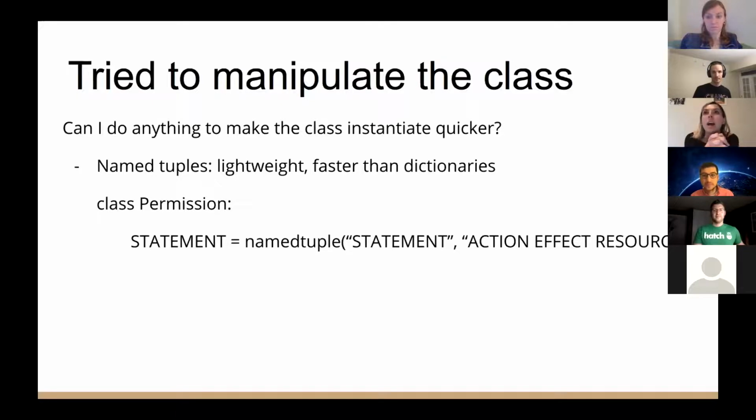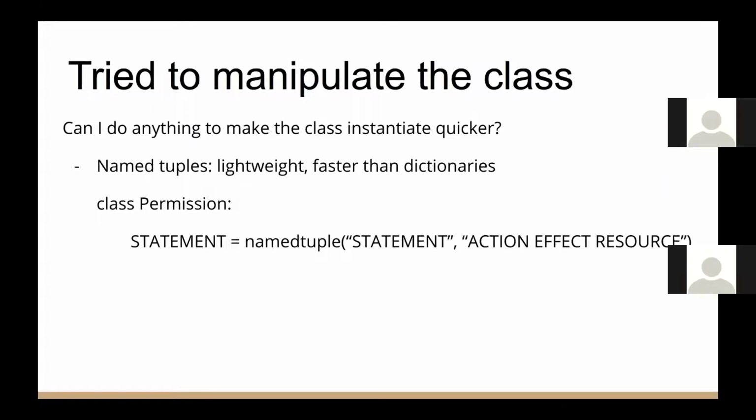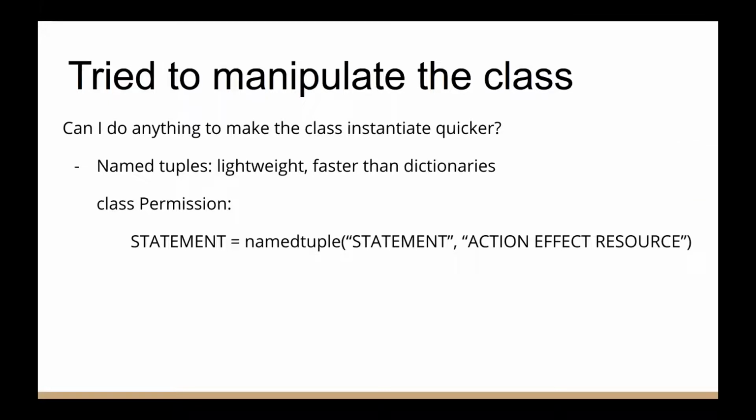Even though this didn't work for me this time, I would definitely look into named tuples in the future because they are a faster data structure. It just didn't help me in this instance. And while I was doing this entire performance thing, I have to say that I think I made the analyzer slower at least 15 times before I made it faster.